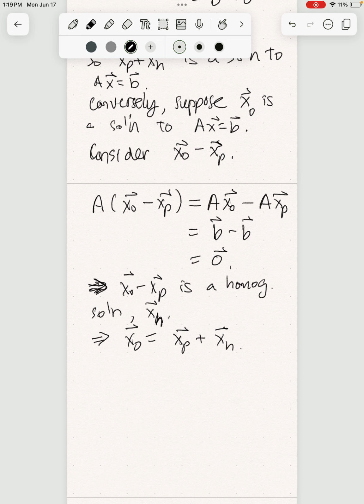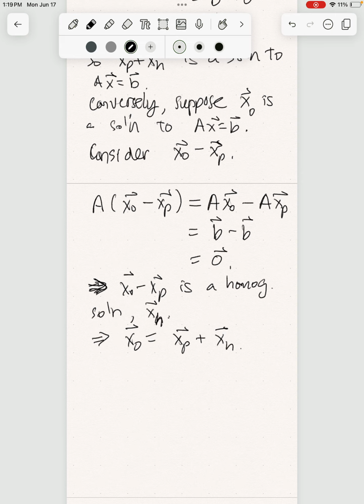Okay, so let's say that you have some matrix A and you solve Ax equals 0 and you get a plane. Well, if Ax equals b has a solution, let's say that b is a vector for which Ax equals b has a solution, then the solution to Ax equals b must also be a plane.